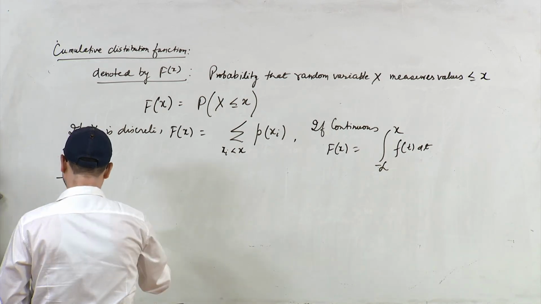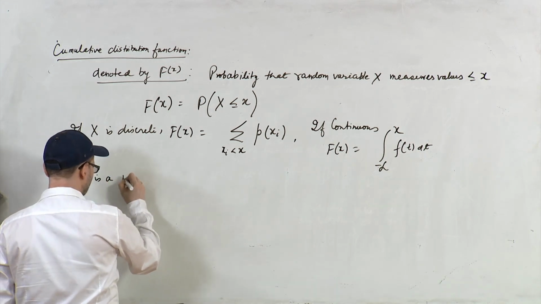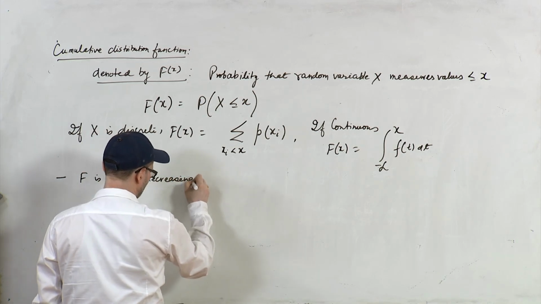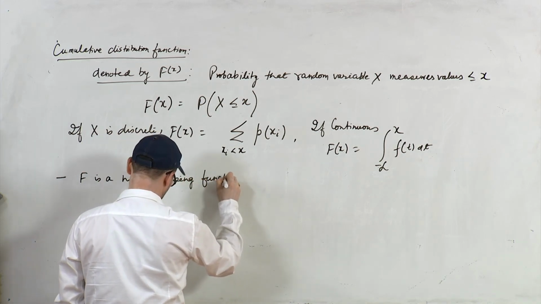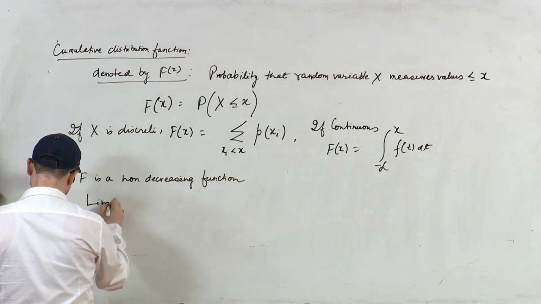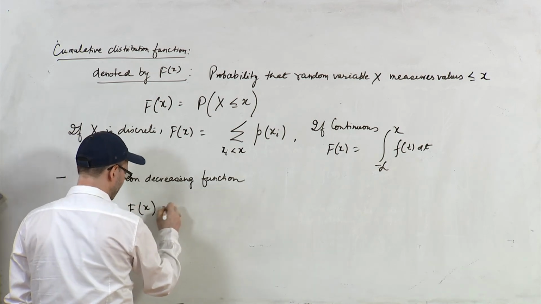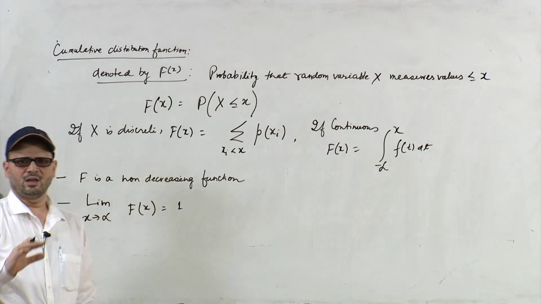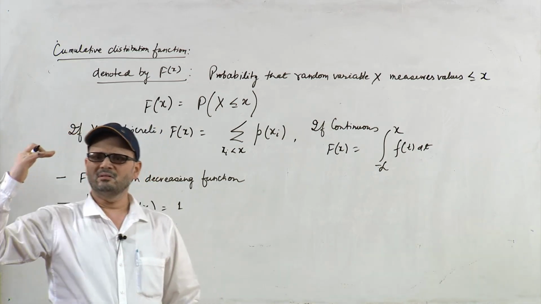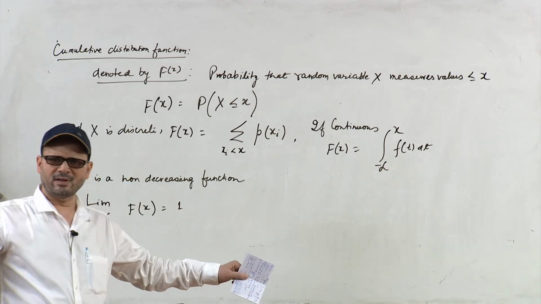So, in this case F is a non-decreasing function. Then limit x tending to infinity F(x) will be 1, because when x is tending towards the forward range of the space, it is taking all the values into account.